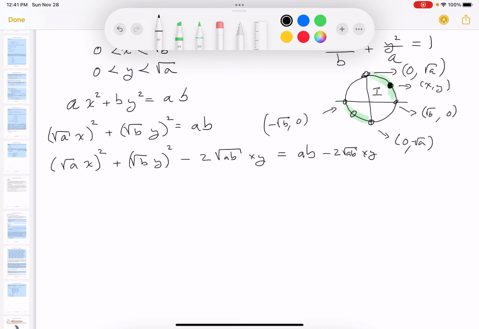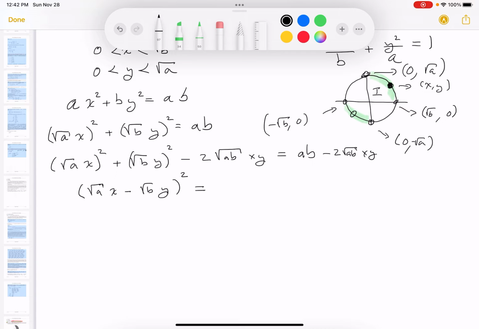All right, this is getting tough. Let's take a look. So what do you get over here? I think I got a perfect square here now, though. Let's write this down. Root a x minus root b y squared equals, I gotta be careful with this one, don't I?